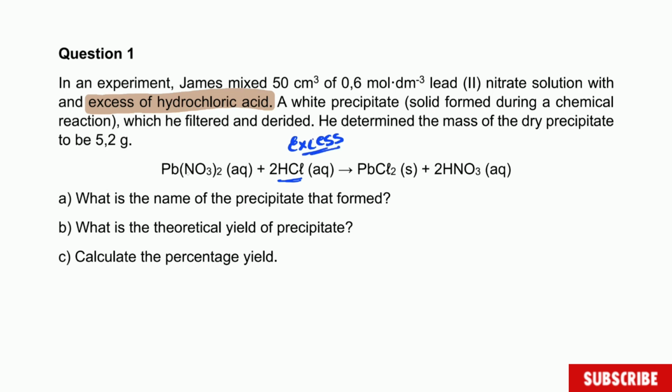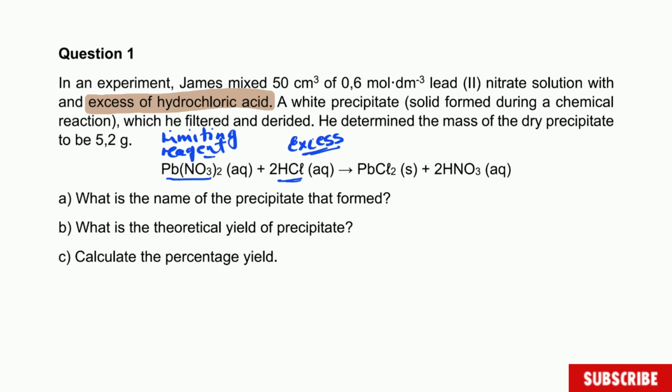Therefore, the lead(II) nitrate here will be the limiting reagent. They are telling you in the question. A white precipitate forms, and I did write here in brackets what a precipitate is.